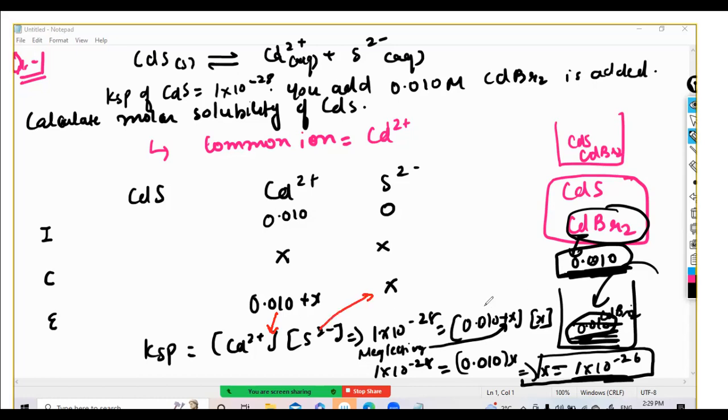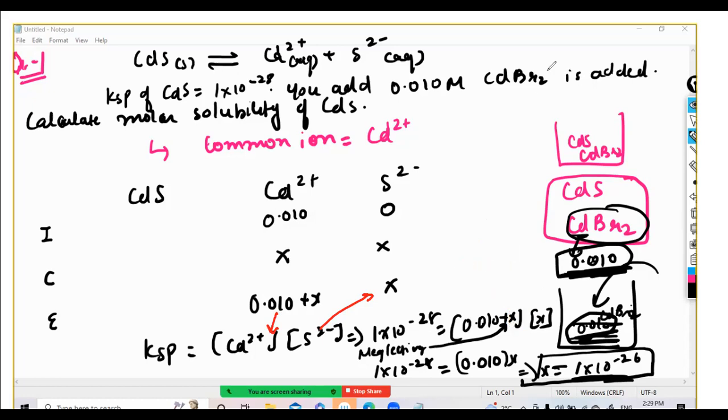One thing you want to know here is that X would be very, very small, so you can neglect it. Adding a very, very small number to this one won't affect your answer much, so you can make your life easy and neglect it.